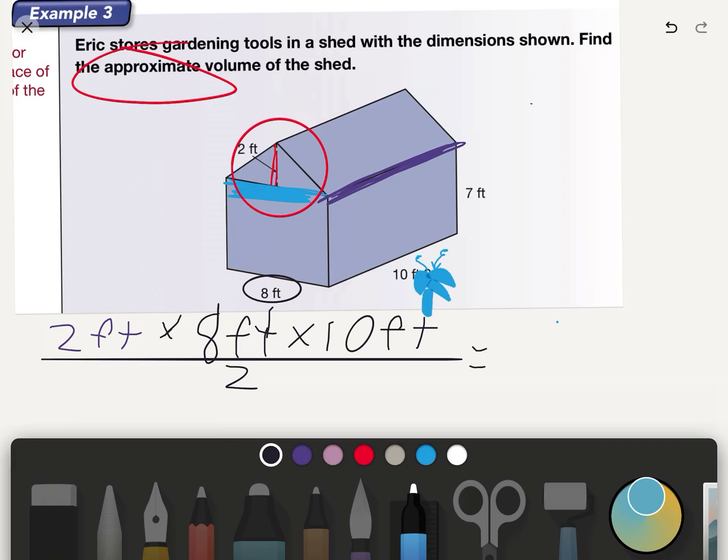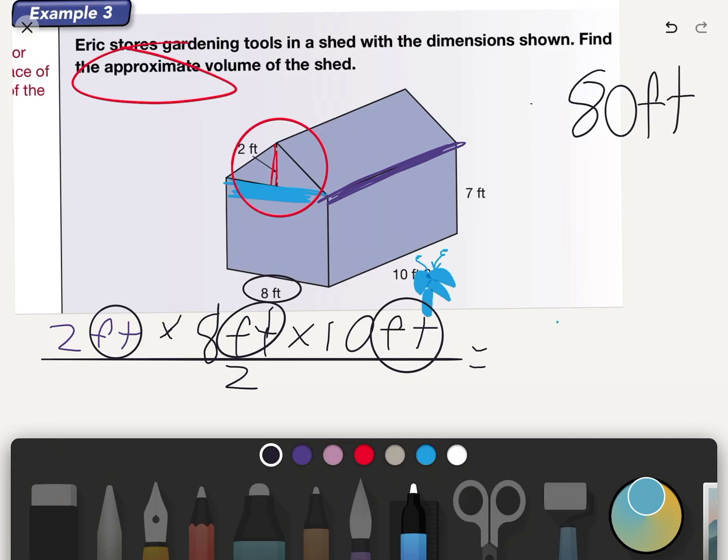I know that dividing 16 by 2 is 8. We're just talking about 10 times that much, so we're talking 80. And we're multiplying, we're kind of adding our feet multipliers together. So 1, 2, 3. 80 feet cubed for the volume of our roof.